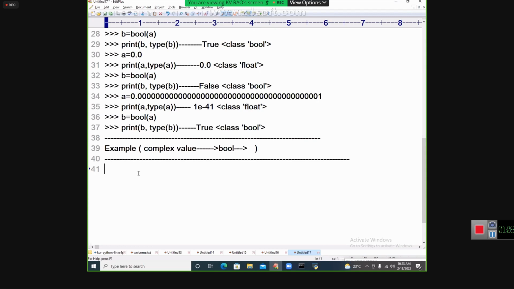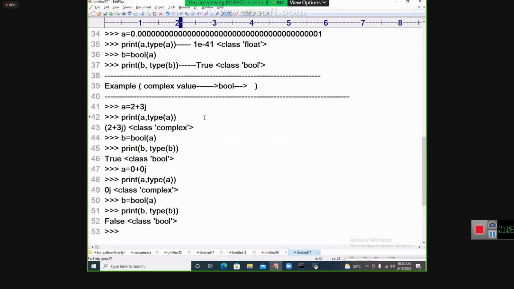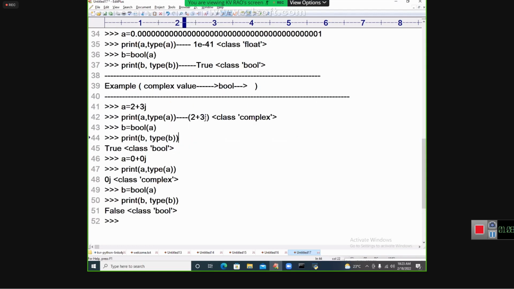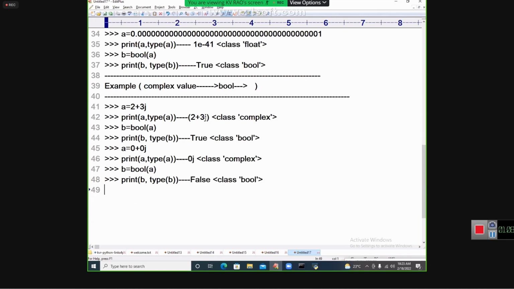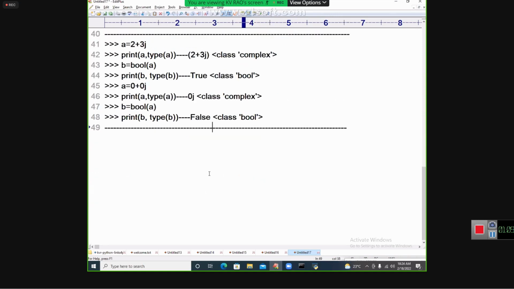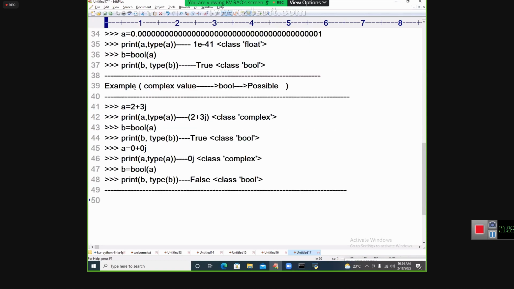Now see, my dear students, printing this is false. Complex value to bool: possible or not possible? It is possible.